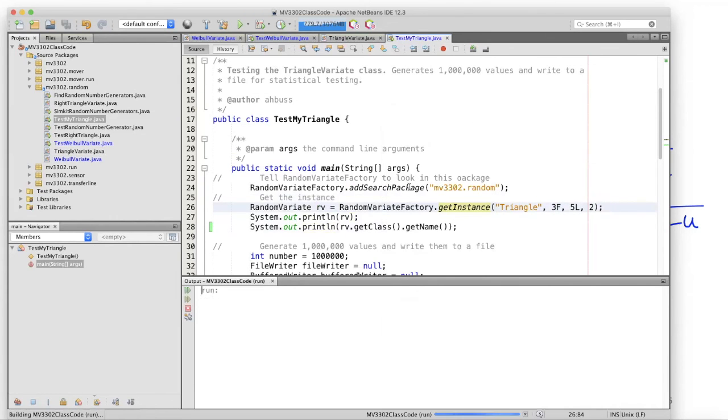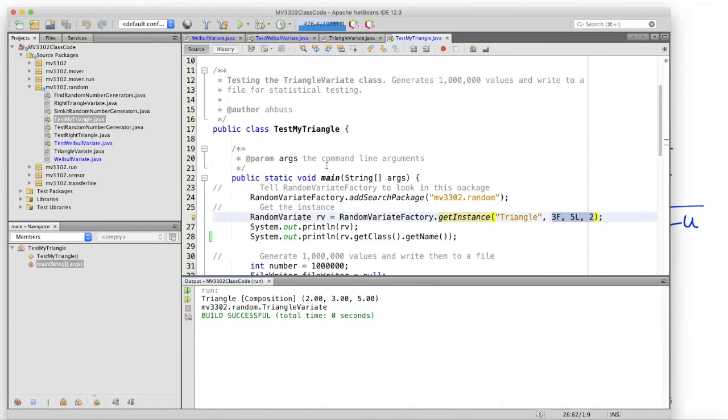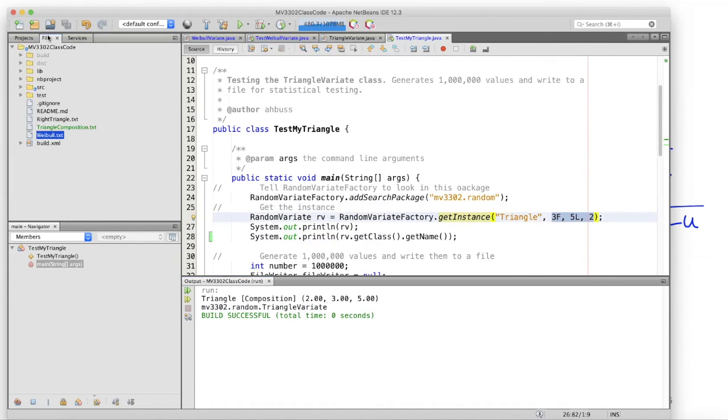But when I run it, I actually want doubles. Okay, so the toString said triangle using composition, and notice that it took these values and turned them into the right ones. And then this is just verifying that this is mine and not the one in SimKit. Okay, so what that created was the triangle composition one.